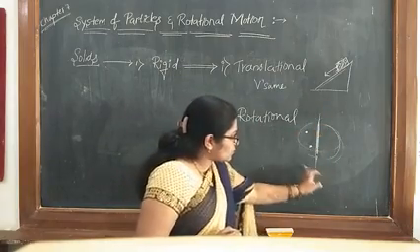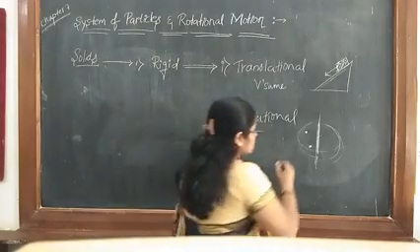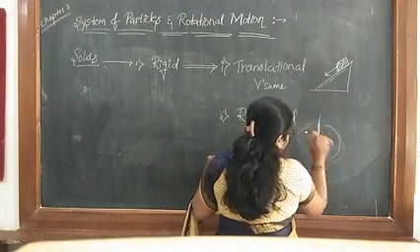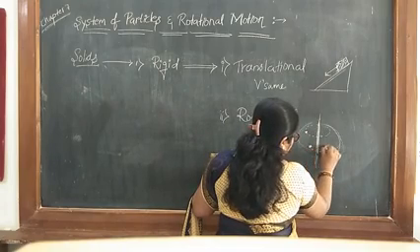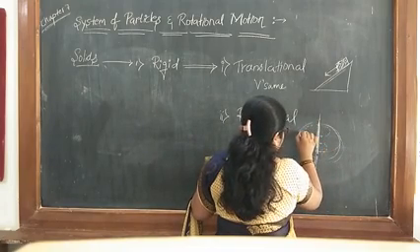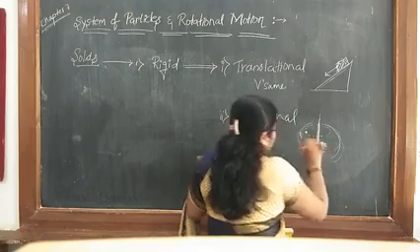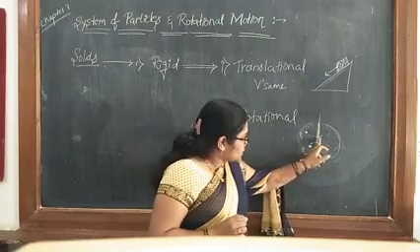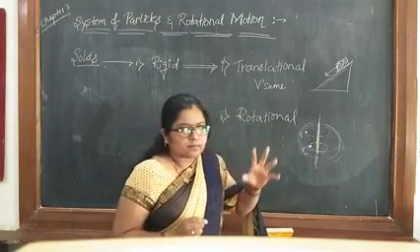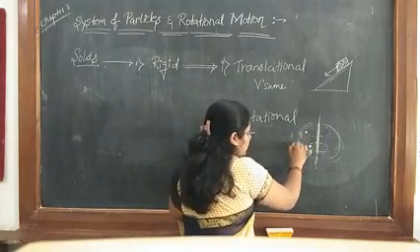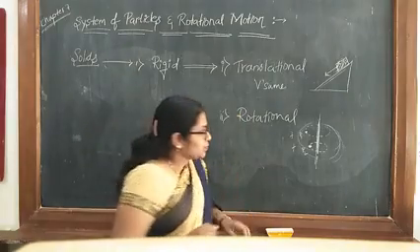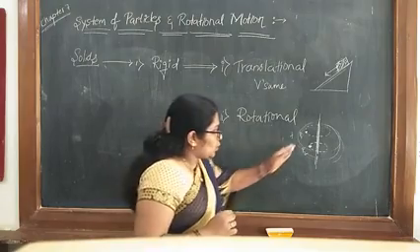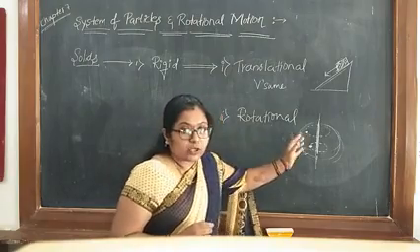This is particle number 1, P1, and P2. When it is rotating like this, both are moving with respect to some time t. So here we get angular velocity.